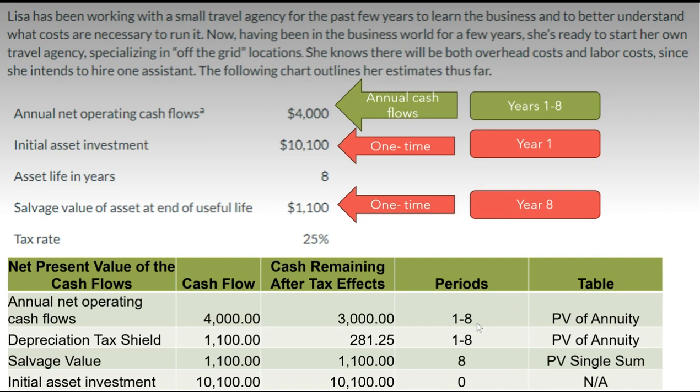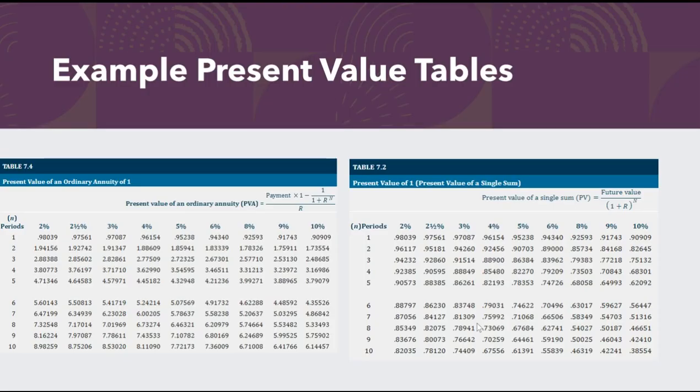And again, our initial investment is happening right now at time 0, so we don't really need to multiply that by any table. Here's an example of 2 present value tables you might find. So again, my present value of a single sum is for my one-time events, and my present value of an annuity is when we have annual cash flows, the same amount every year.